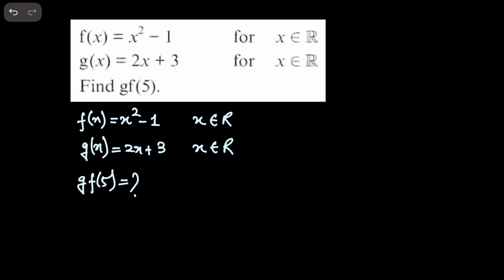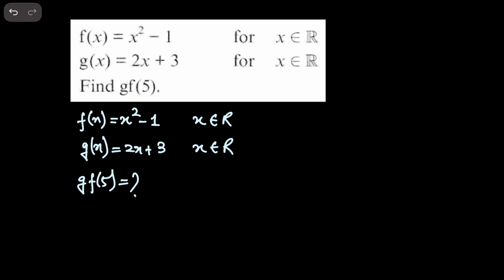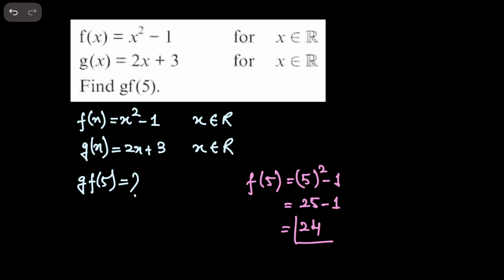So first what I'm going to do is calculate f of 5. In the function f of x, in place of x, let's substitute 5 quickly. So you will get 5 times 5, that gives you 25, minus 1 gives you 24. So now I'm going to substitute this value of 24 in place of this f of 5.